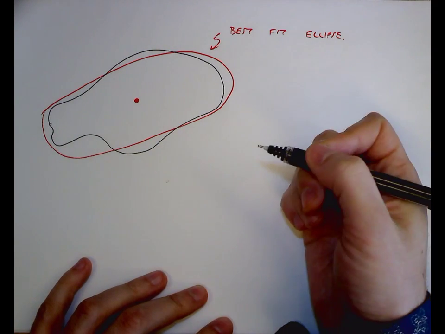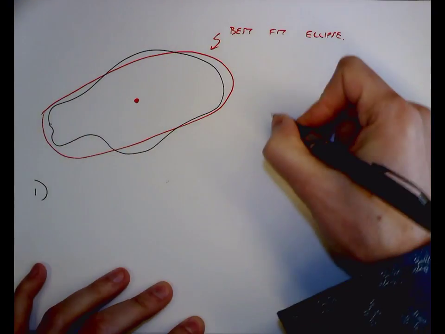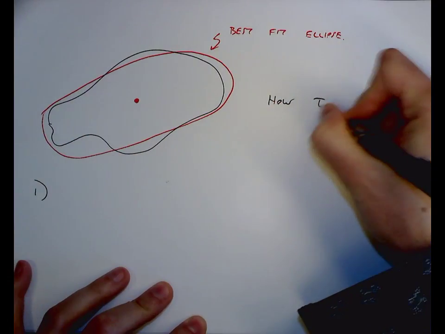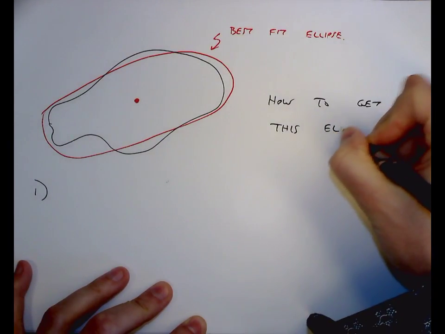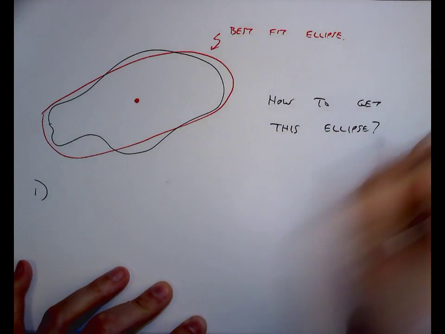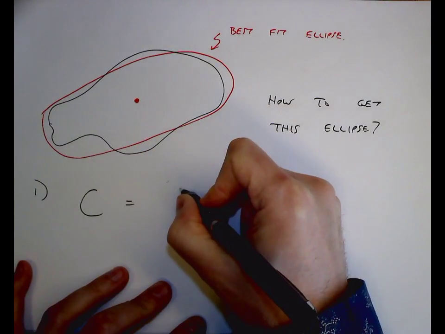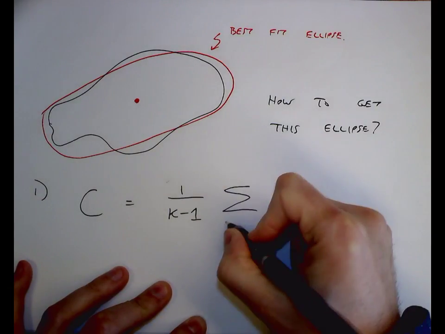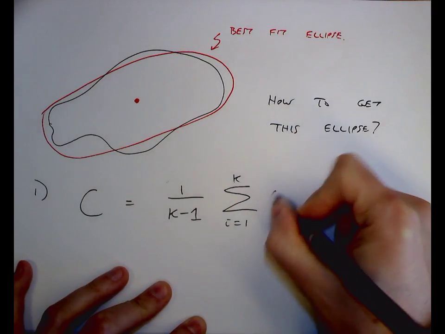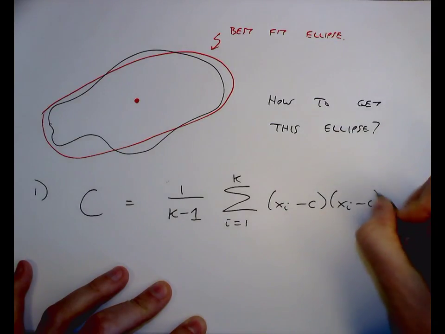Okay. So how would I get that ellipse? Well, I could compute a covariance matrix, the unbiased estimate of the covariance matrix, where I sum up over all of the points in the shape this big set of 2 by 2 matrices.